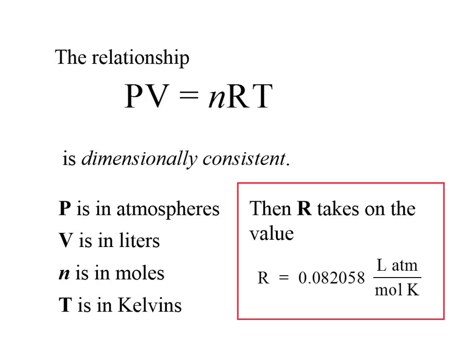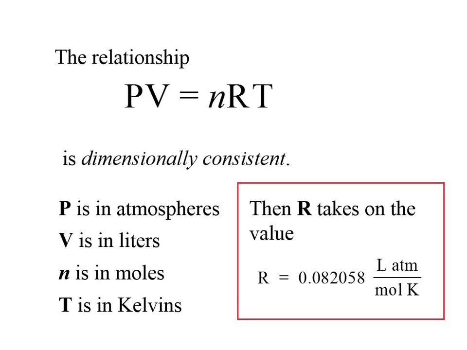If you dabble in gas law problems, there are other values of R out there. Those other values of R are not different because gases are behaving differently. They are different because they have different units. So we're going to use this value of R.